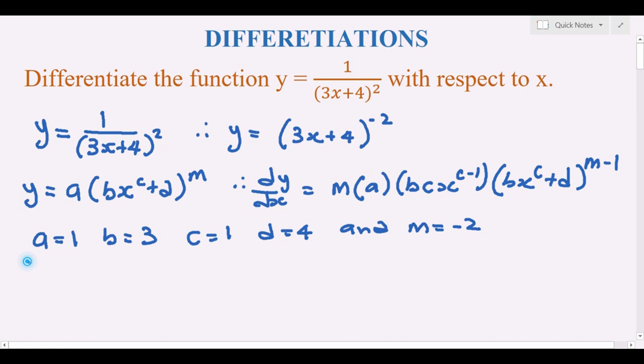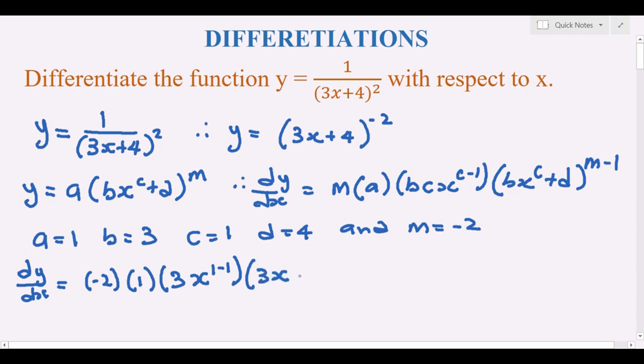So our dy/dx will give us minus 2 into 1 into 3 times 1, which is 3, x raised to the power 1 minus 1, all into (3x raised to the power 1 plus 4) raised to the power minus 2 minus 1.